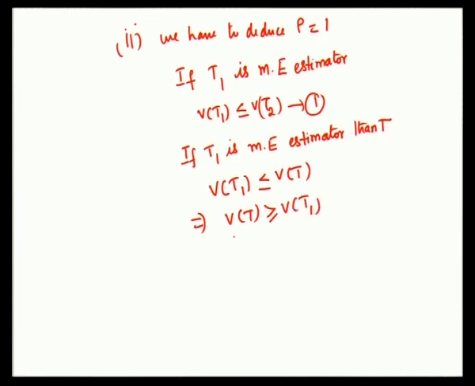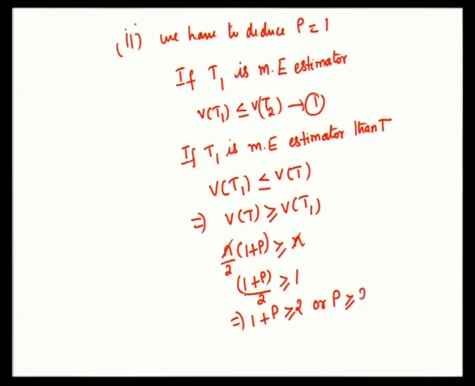But I have already shown that variance of T is nothing but n by 2 into 1 plus rho. Again here variance of T1 is nothing but n. So n and n will get cancelled out, leaving 1 plus rho by 2 is greater than or equal to 1, which implies 1 plus rho is greater than or equal to 2, or rho is greater than or equal to 2 minus 1, which is equal to 1.